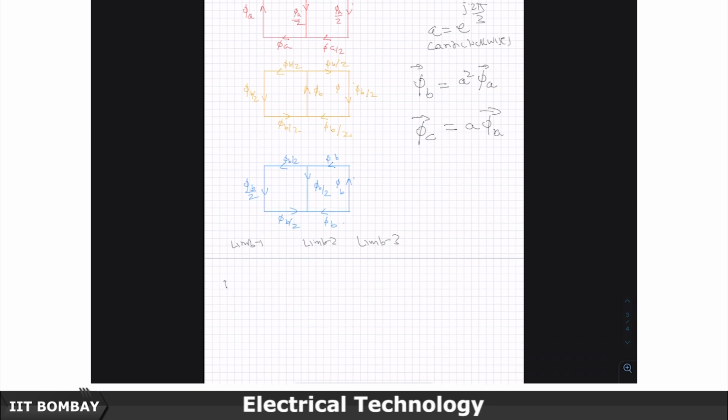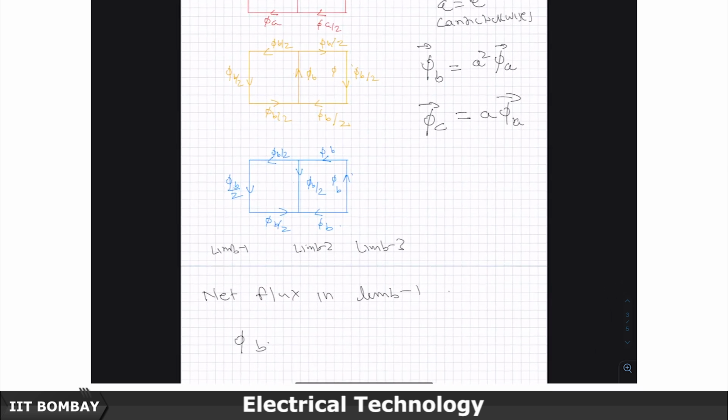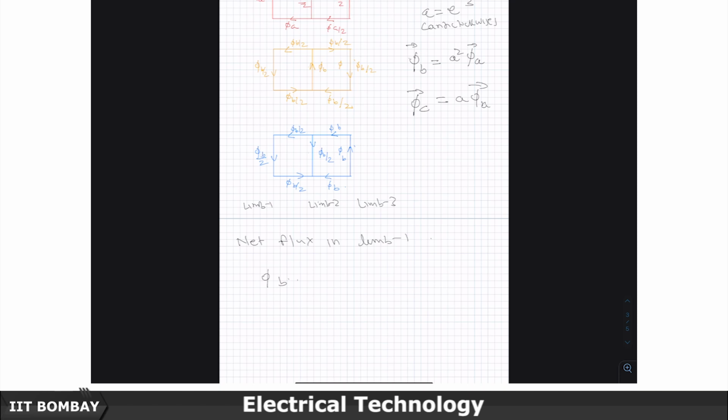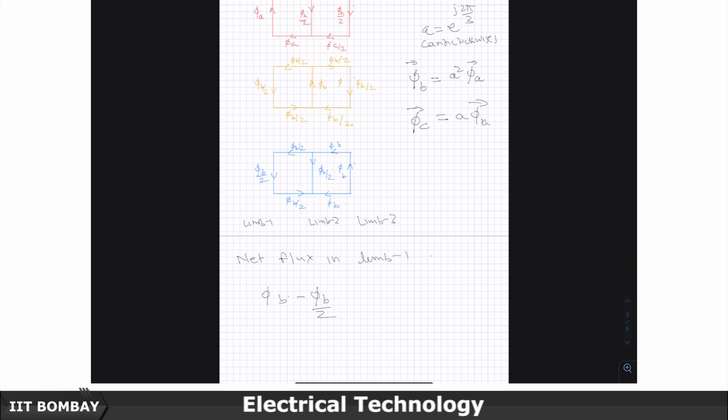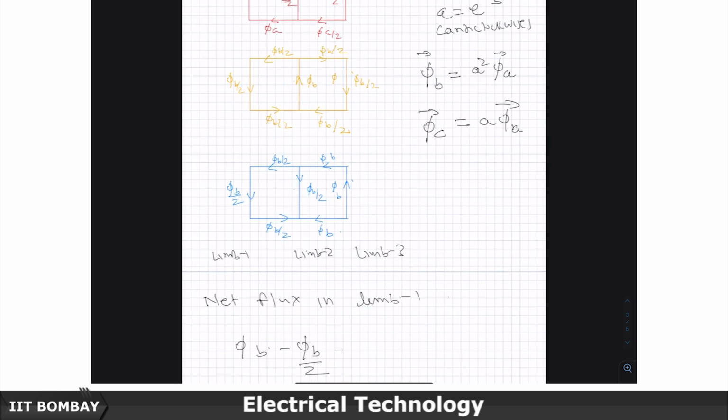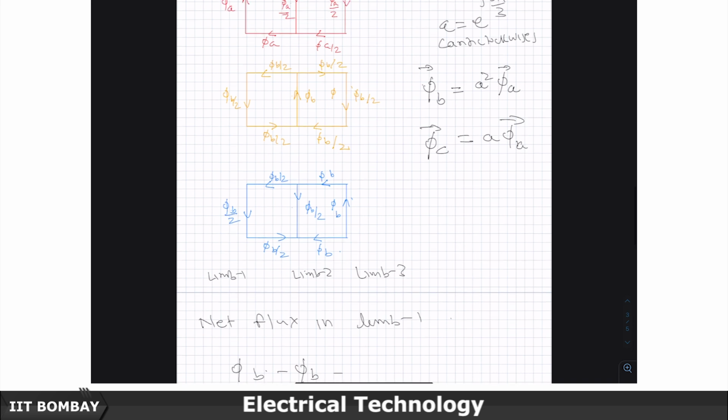So, if I look at net flux in A phase limb 1, it is phi a minus phi b by 2 minus, this should have been, the third one should have been C, I am sorry.